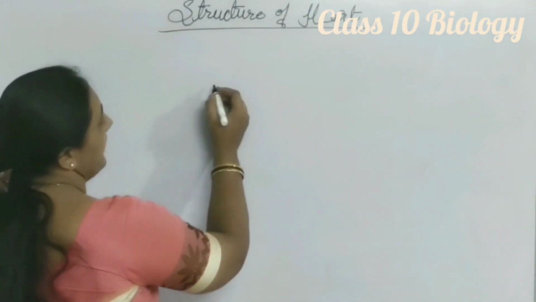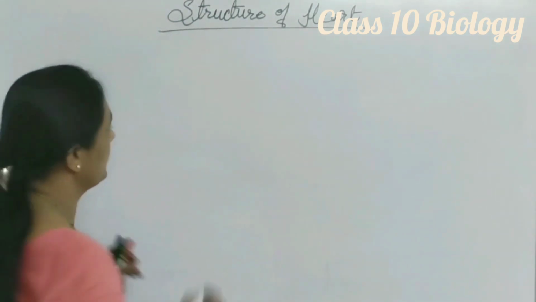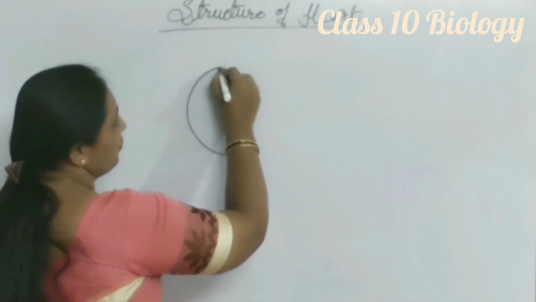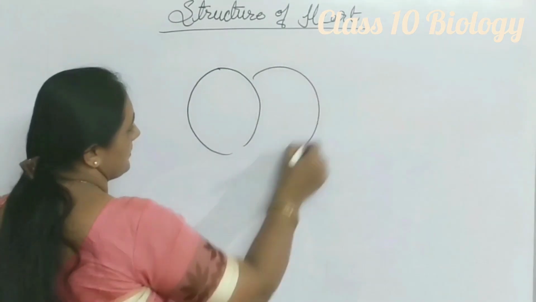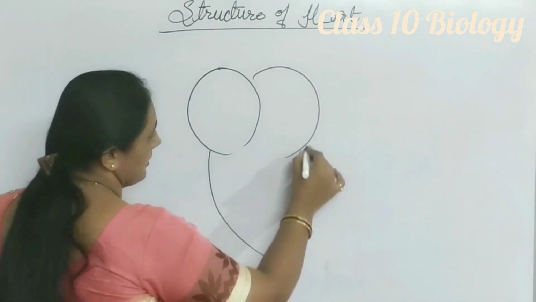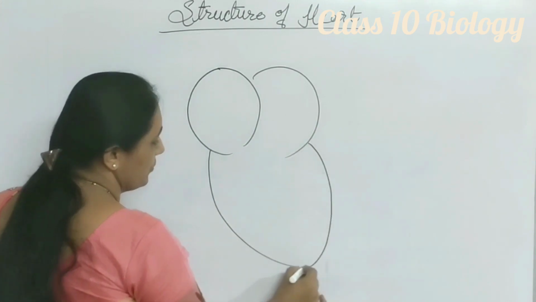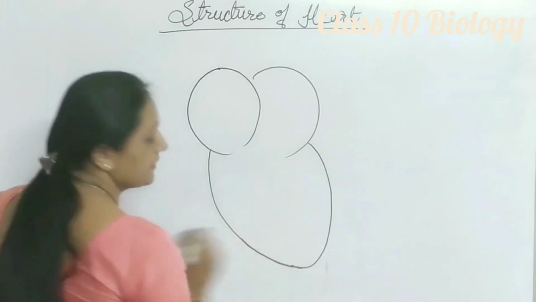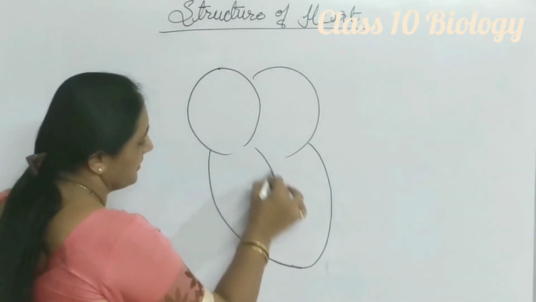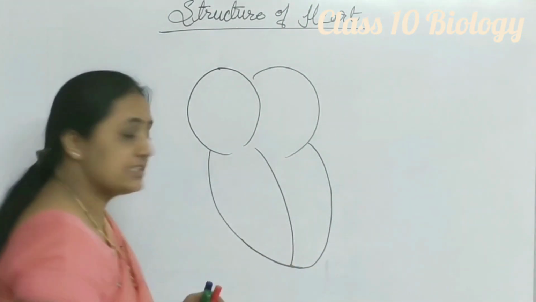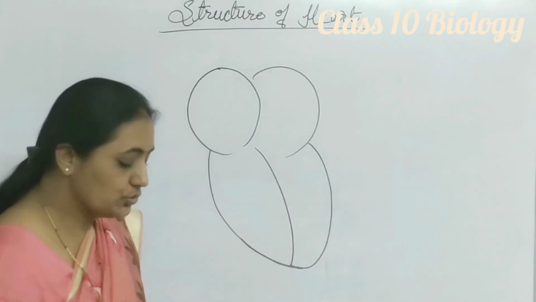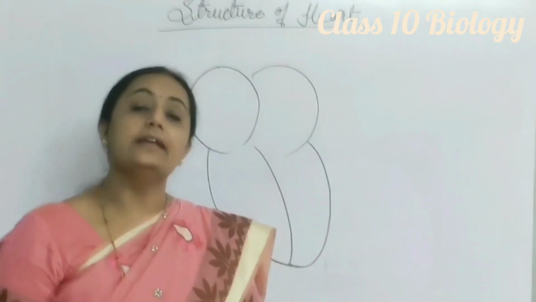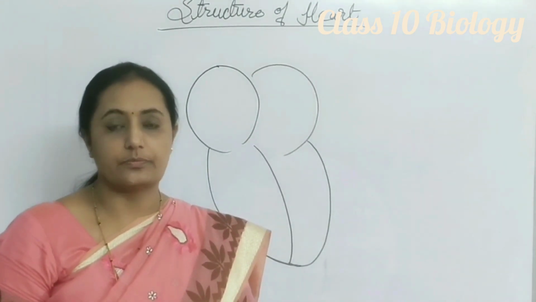The human heart is divided into 4 chambers, slightly tilted towards the left side. Why is the human heart divided into 4 chambers? To separate oxygenated and deoxygenated blood.